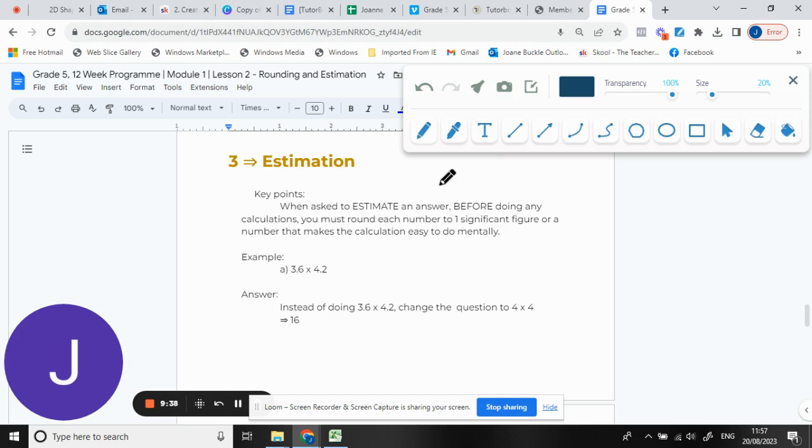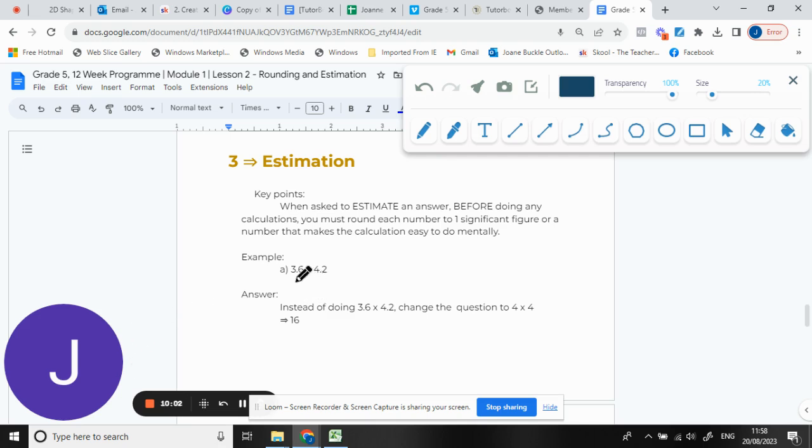It's a number that just makes it easier to work with. But we're just going to start with the basics. We're rounding them all to 1 significant figure prior to doing the calculation, okay? It makes it easy to do mentally. If the calculation after rounding it to 1 significant figure doesn't make it easier, then this is one of the small cases where you have to play around with it a little bit more, but we're not going to worry about that now.